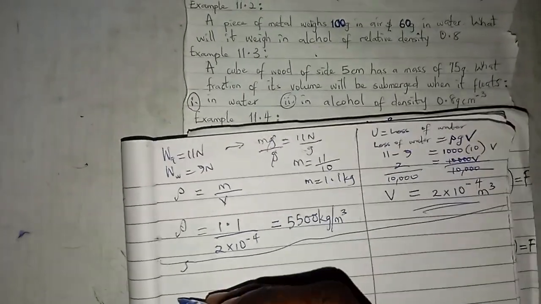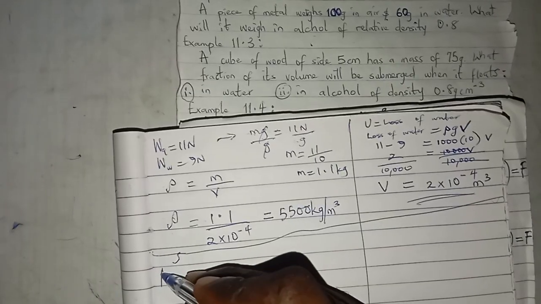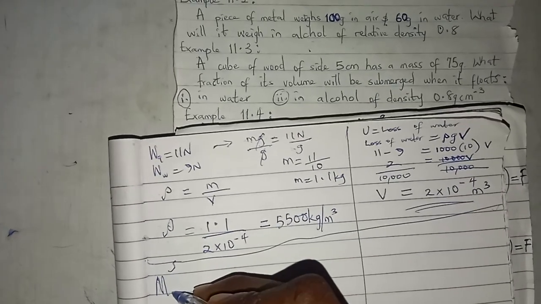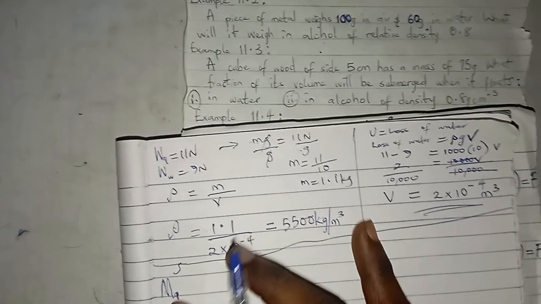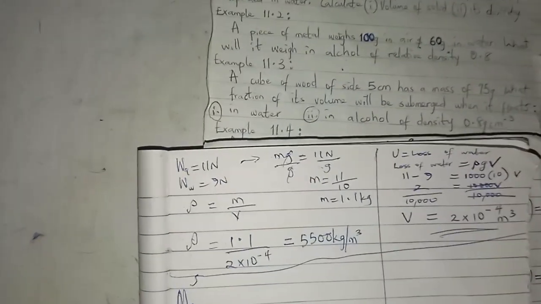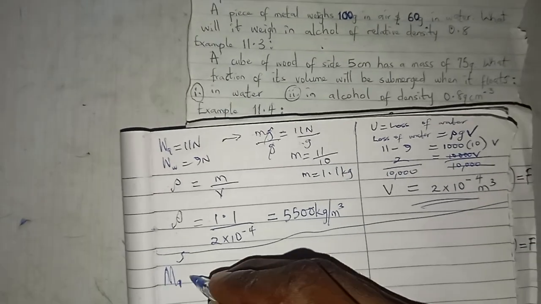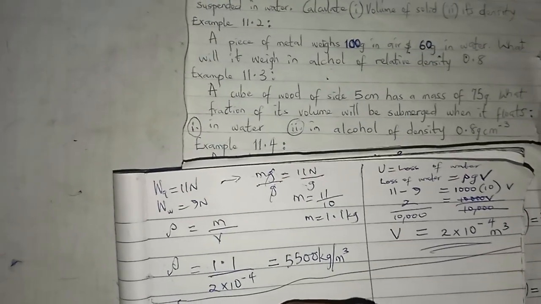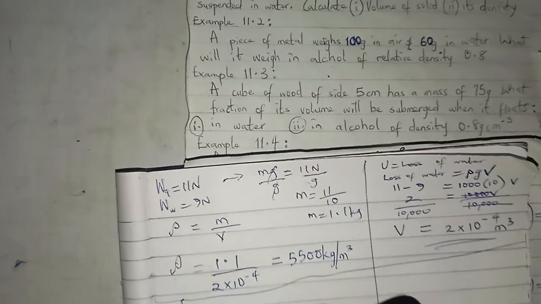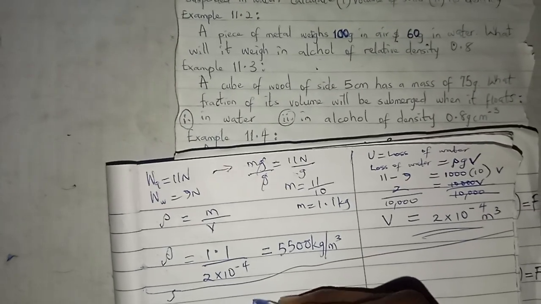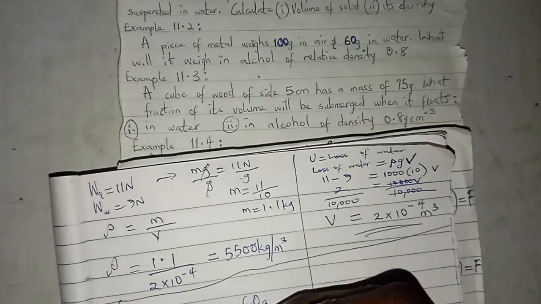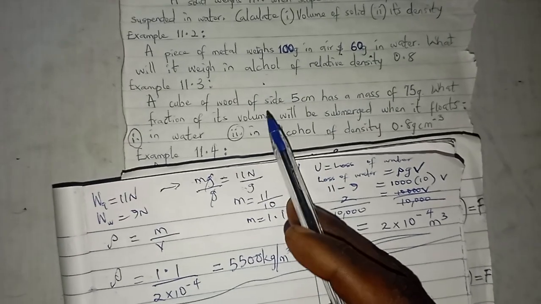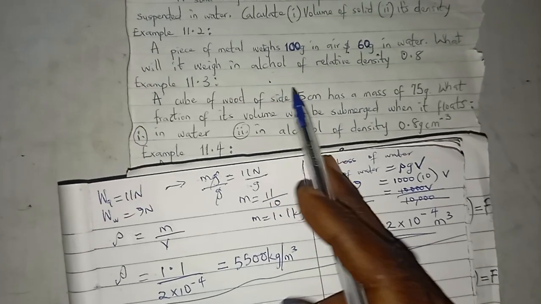Piece of metal, mass in air, 100 gram. Then mass in water is 60 gram. What will it weigh in alcohol of relative density 0.8?